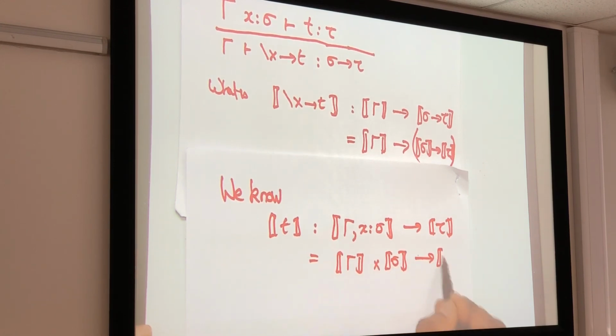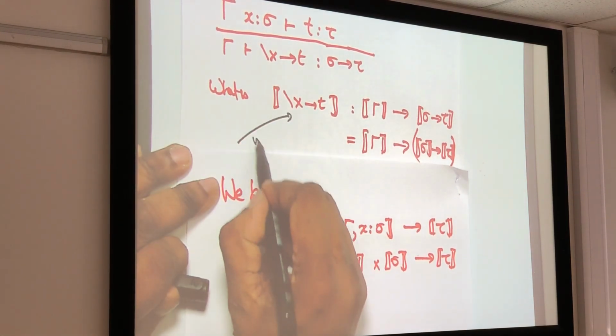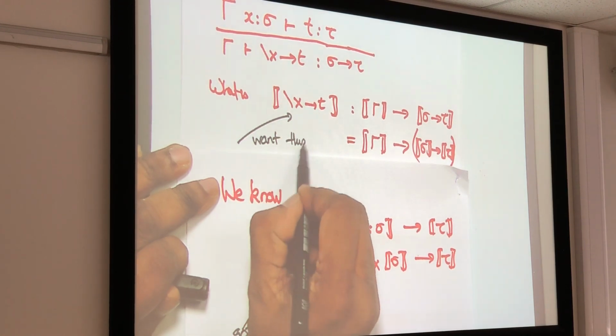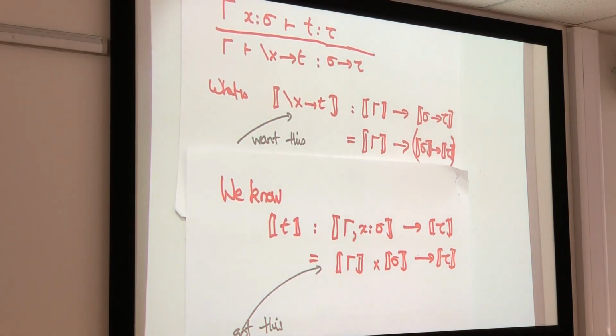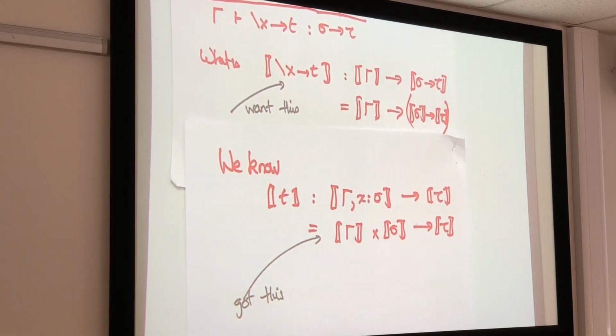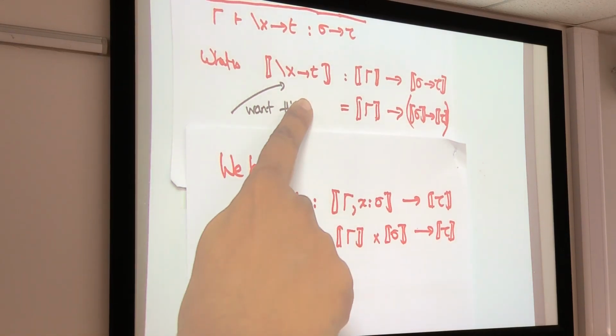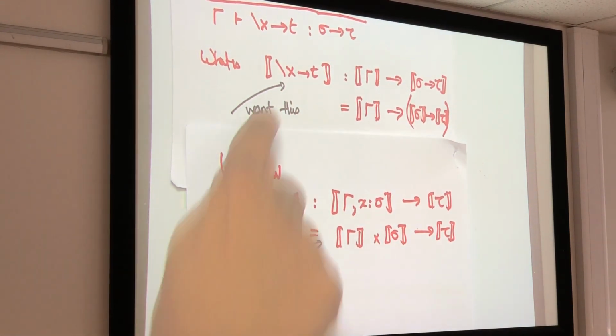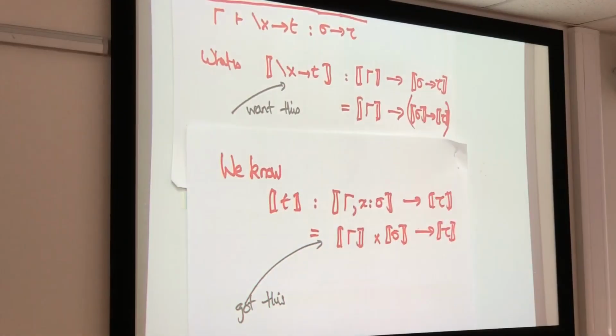So look, I've got this, and I want this. So now it's fairly straightforward. I've got enough information to make it, so I'm going to produce this.